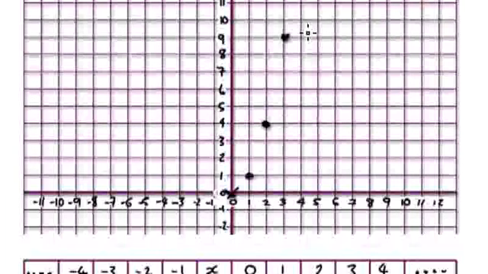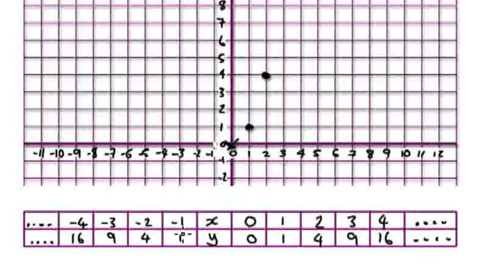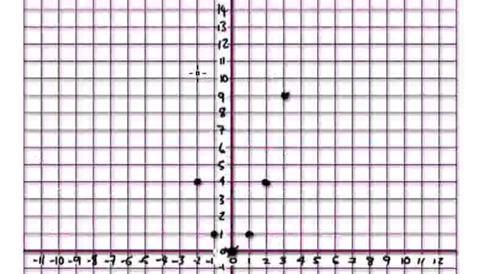Okay, and then we'll go into the negative realm. When x equals -1, so it goes there. Remember, when x equals 0, y will be 0, so it's right there. So when x equals -2, well, plot this. It will look something like this. When x equals -3, y will be 9.